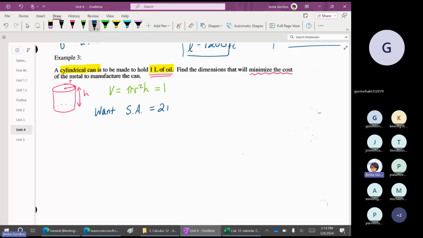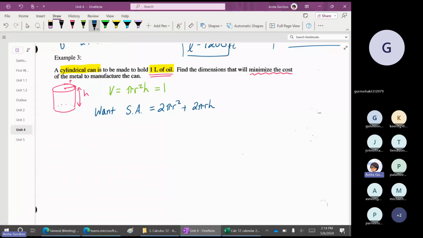So 2 pi r squared plus circumference times the height. 2 pi r h. Good job. Okay, so h is the height, right? And if you unravel the can, you're going to end up with a rectangle for the center, and the length of that rectangle ends up being the circumference of the can. Great.